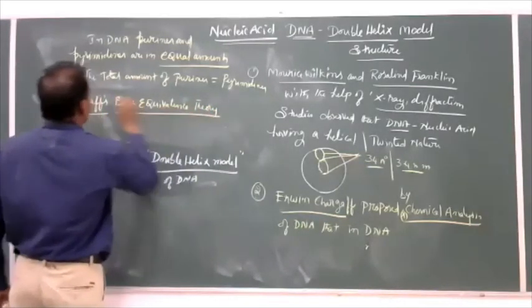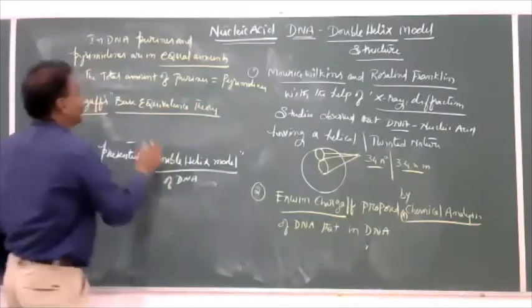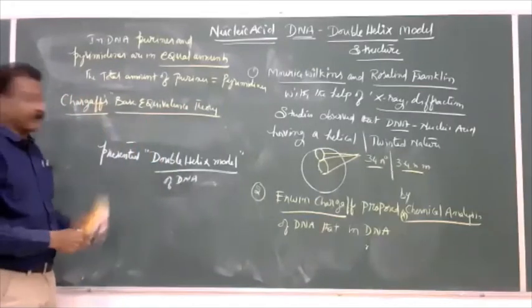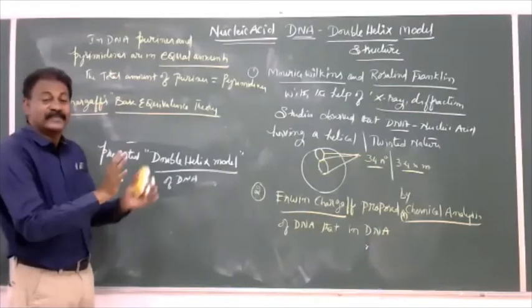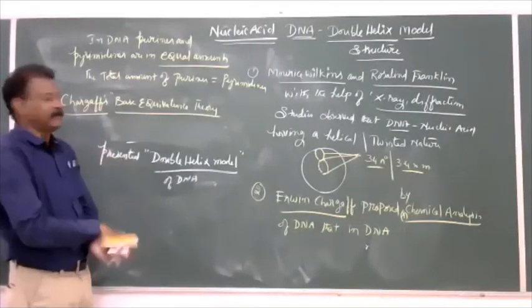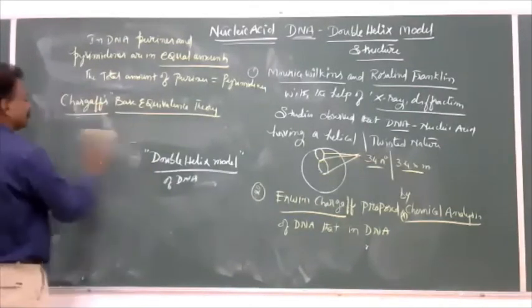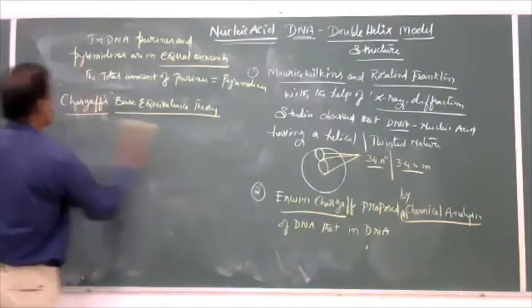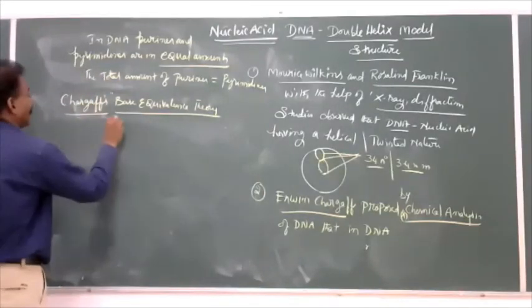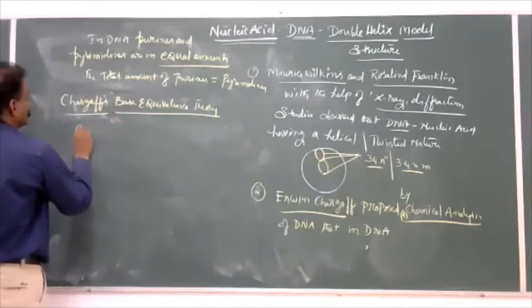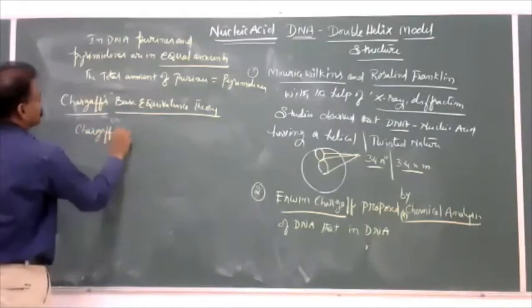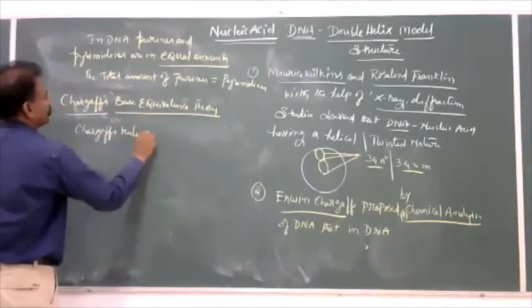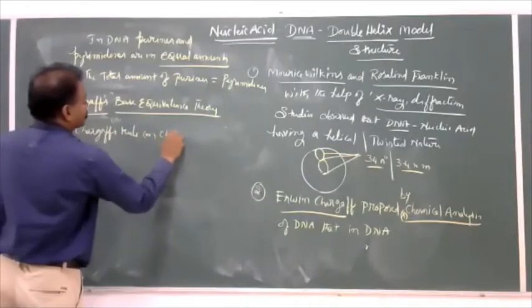Chargaff's base equivalence theory. In the DNA, according to Chargaff, the bases are in equal amounts. Which bases? Purines and pyrimidines. It is well known as Chargaff's rule, Chargaff's law.